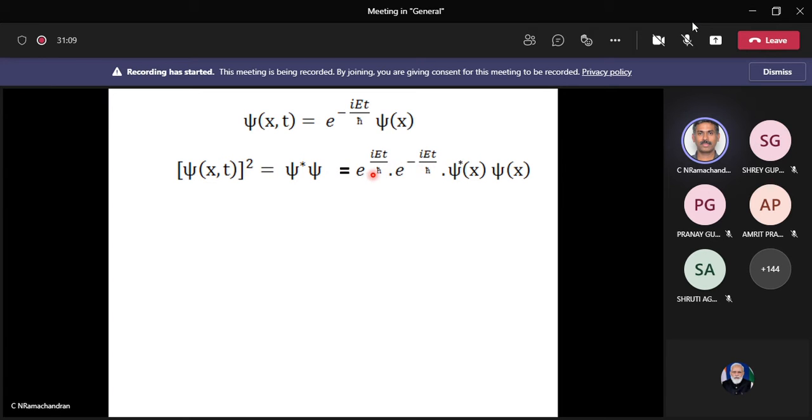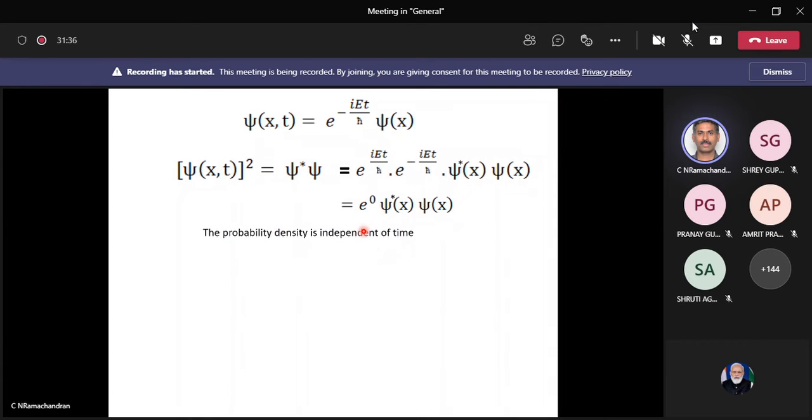Now you know that exponential iEt by h cross into exponential minus iEt by h cross, you know what it will be, and into this part also psi. We don't know whether that is real or imaginary, so I am just carrying psi of x part. So you know that this is e to the power of 0, exponential 0, and that is equal to 1.